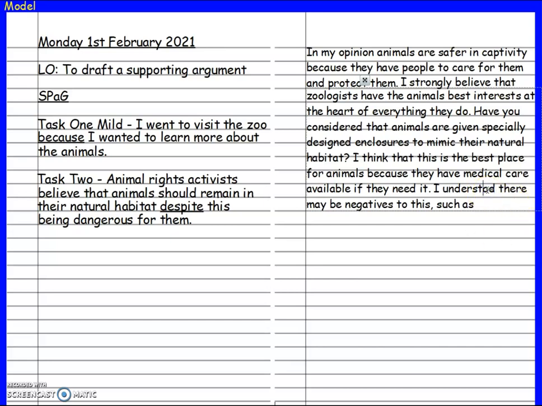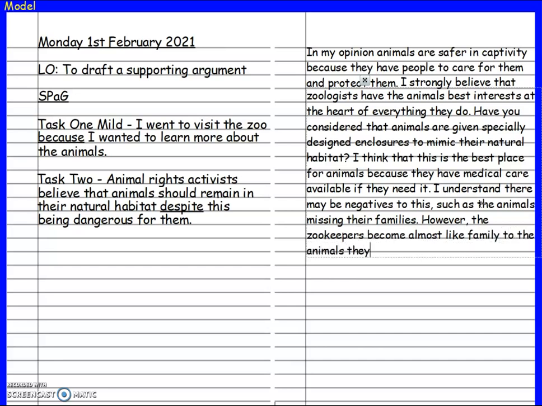I understand there may be negatives to this, such as the animals missing their families. Okay, but then I'm going to say, however, this will help persuade my reader, the zookeepers become almost like family to the animals they look after. Okay, so that's going to help persuade my reader of my opinion.